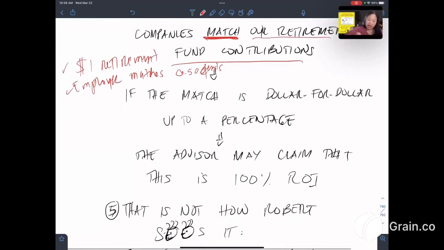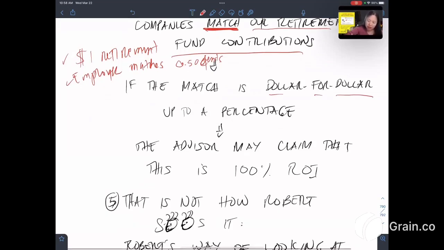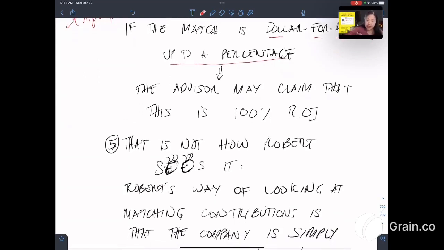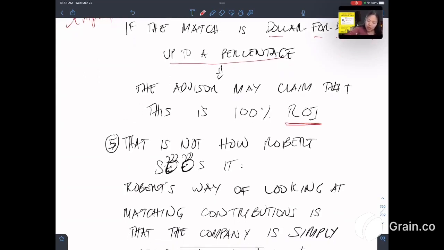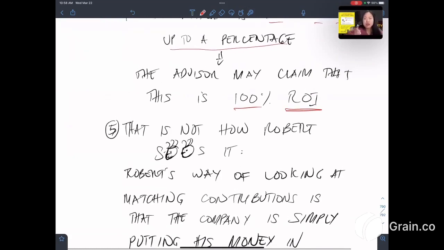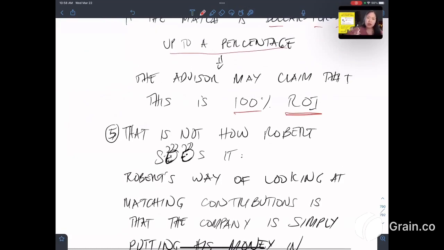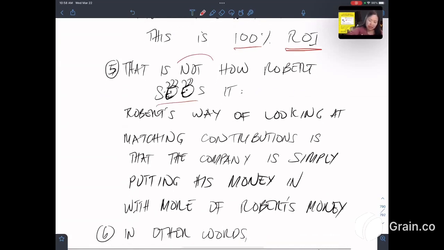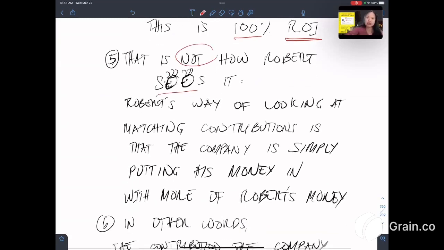Now, if the match, according to Robert, is $1 for $1 up to a percentage, then the advisor may claim that the return on investment is 100%. However, Robert has a different opinion on this. This is not how he sees it.